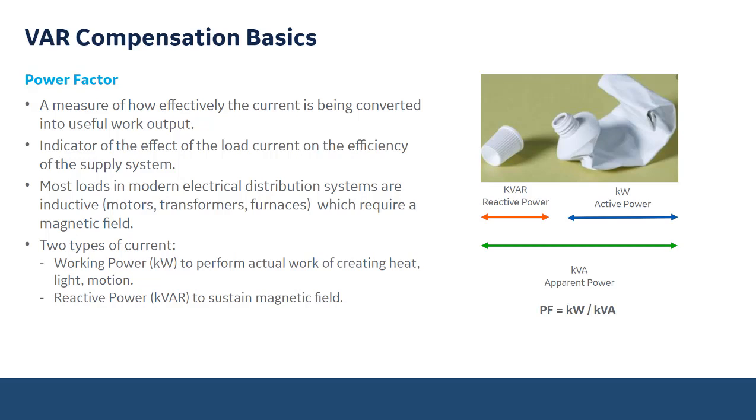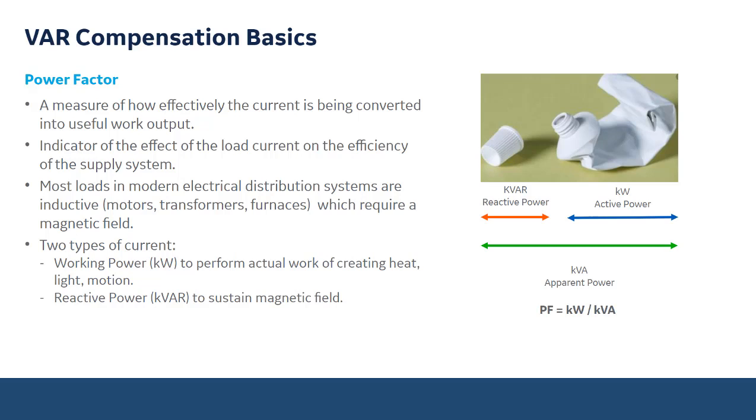The reactive power, the orange or kVAR, doesn't perform useful work, but circulates between the generator and the load. It places a heavier drain on the power source as well as the power source distribution system. Reactive power is measured in kilovolt-amperes reactive, which is your kVAR. Working power and reactive power together make up the apparent power, measured in kilovolt-amps, or kVA.